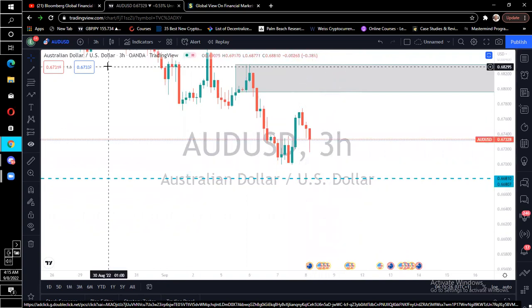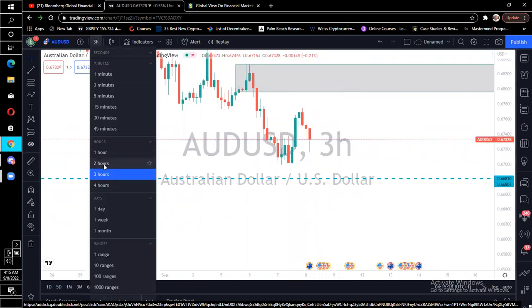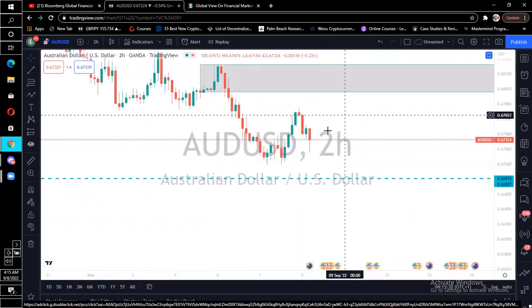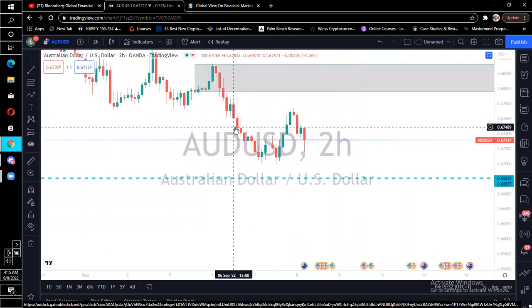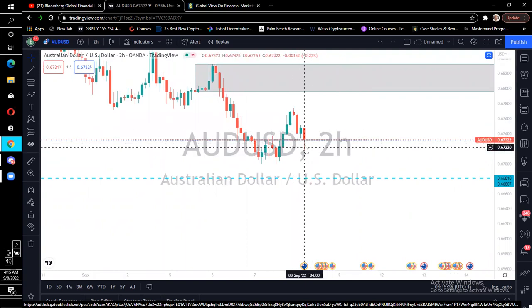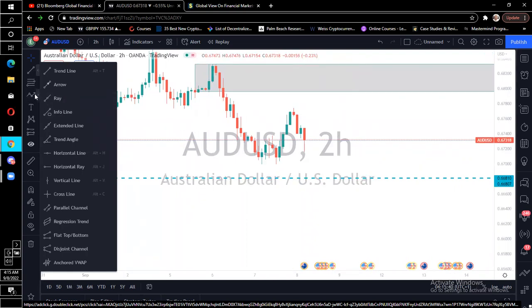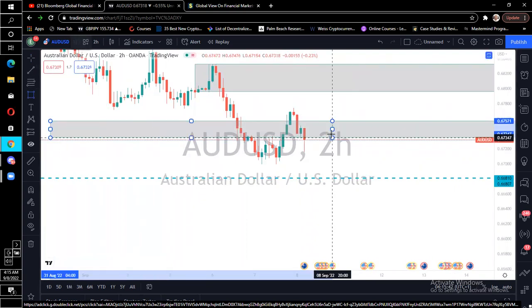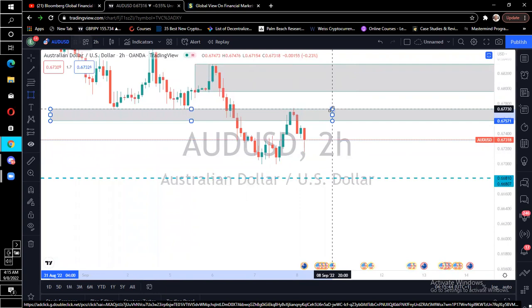Now that I say I just have it here, let's look at 2 hours and see if you can find something in 2 hours. Yes, we do. So I would like to see market came in, entered the fair value gap. All right, so I would like to see market do the same thing here. Come back here to this level here.